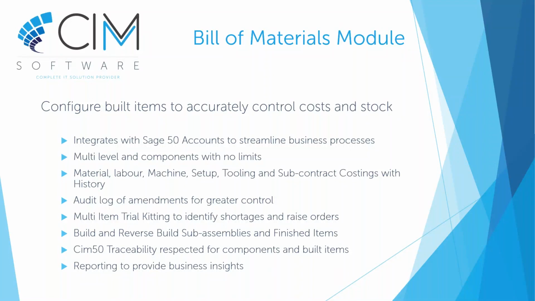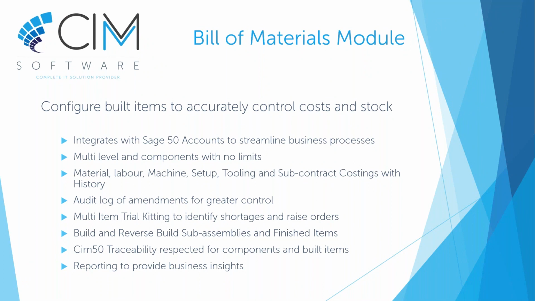So stock control, bills of materials and works orders have an audit log for their individual records within their modules. We have trial kitting, a little bit like check BOM in Sage 50 accounts, but this goes a step further because it will drop down through the sub-assemblies, identify shortages, and allow you to raise purchase orders and works orders and create BOM builds, so you've got full control over what you need to raise as far as orders and manufacture are concerned.